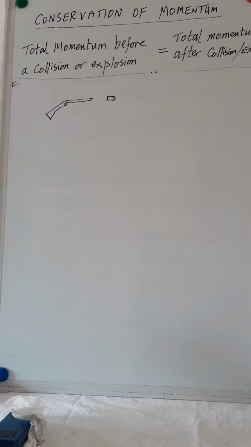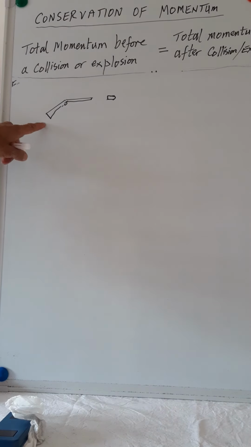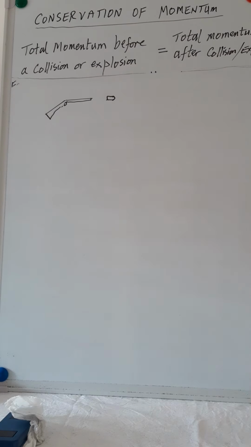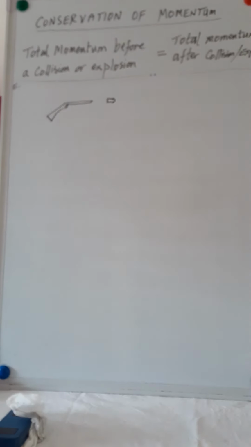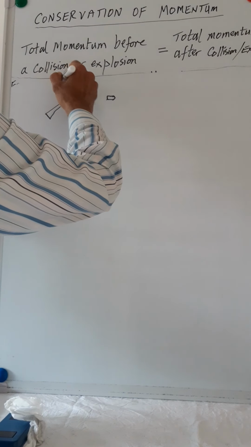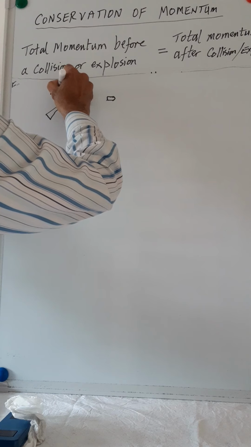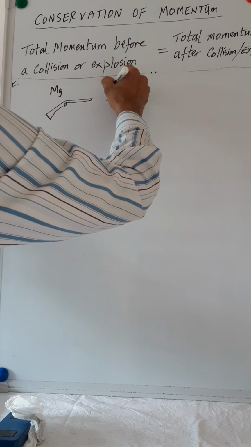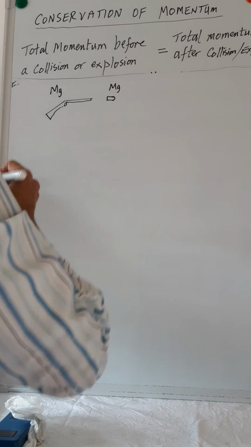Now, when the gun is fired, okay, what happens is, if we say this is the mass of the gun, mg, and this is the mass of the bullet, mb.